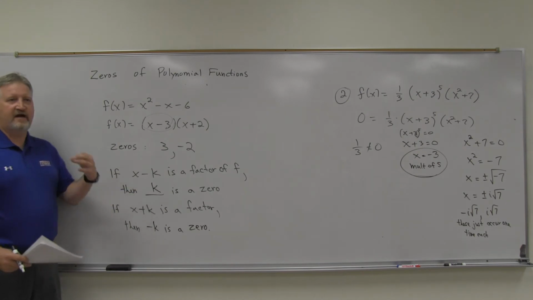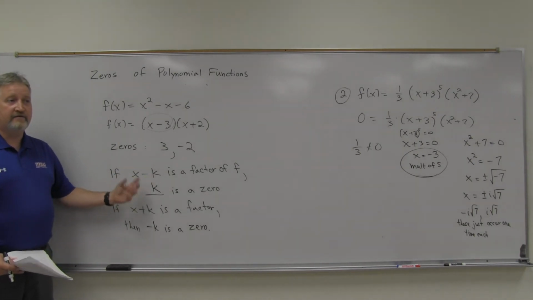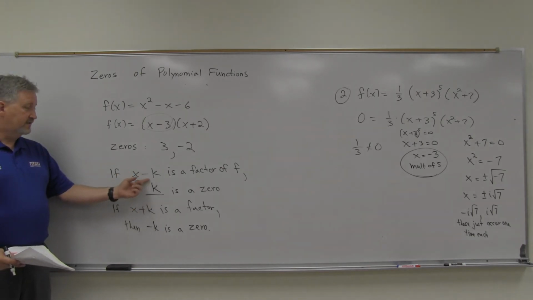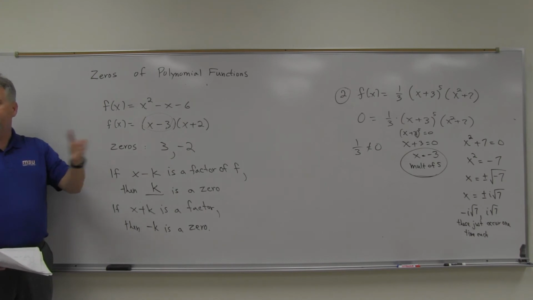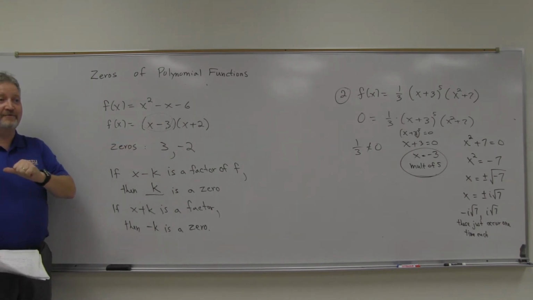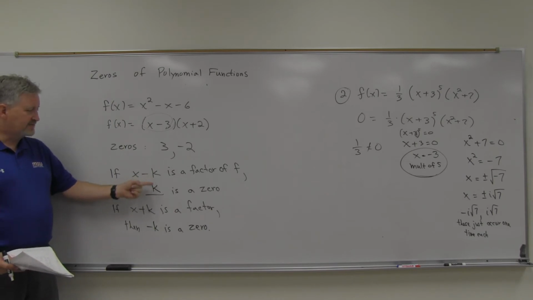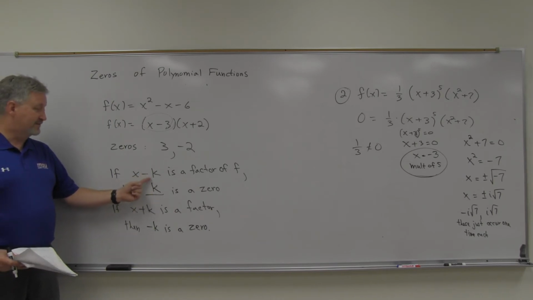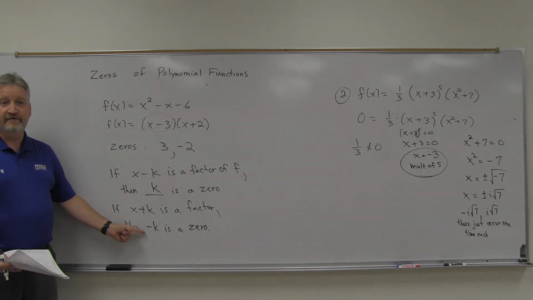We've seen this before. It's the opposite of what appears here, like the right and left shifting. Remember we had to do the opposite of what we thought. X minus k is a factor, k is a zero. X plus k, negative k is a zero. Okay?